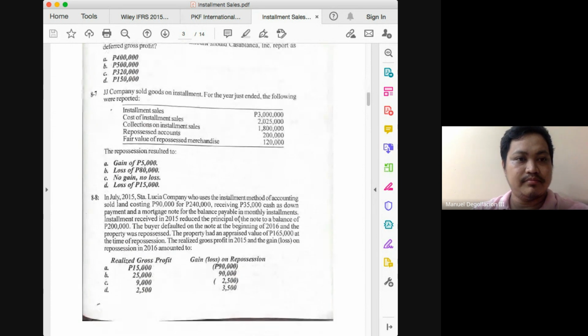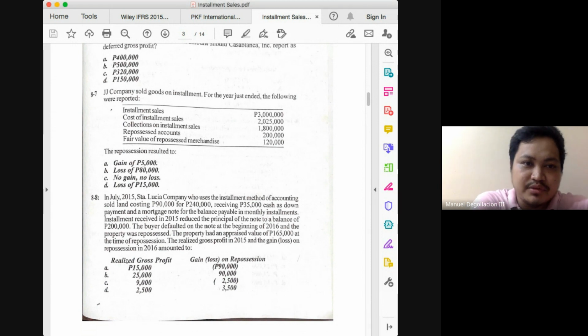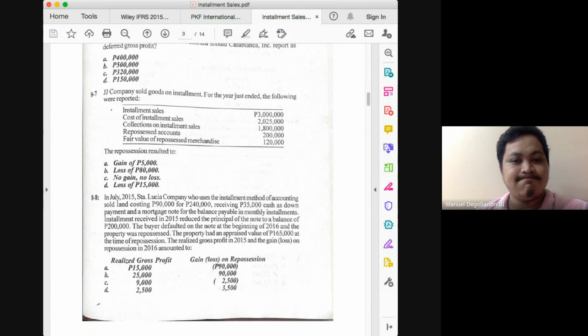Next, JJ Company sold goods on installment for the year just ended. The following were reported. The repossession resulted to, so again, when solving for gain or loss on repossession, you just need to compare two things: the market value at the time of repossession and the unrecovered cost. We're already given the fair value of the repossessed merchandise, which is 120,000. We just need to get the unrecovered cost. Okay.